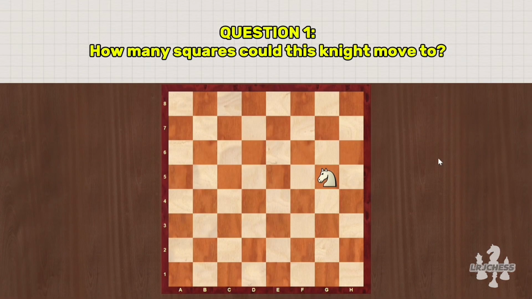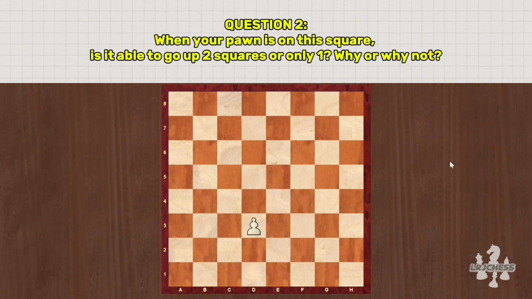How many squares could this knight move to? Question number 2. When your pawn is on this square, is it able to go up 2 squares or only 1? Why or why not?